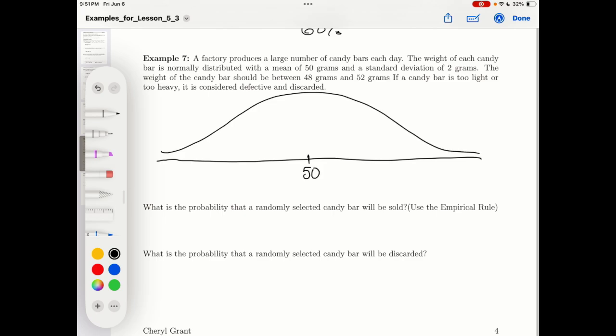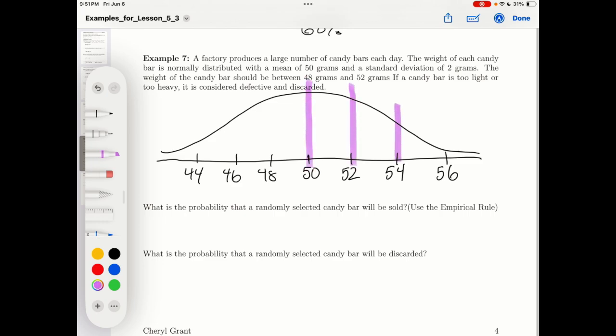Okay, 50 is in the middle. Our standard deviation is 2. So this is going to be 52, 54, 56. And we have 48, 46, 44. Let's draw our areas.